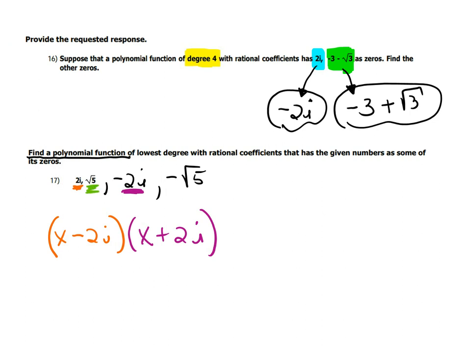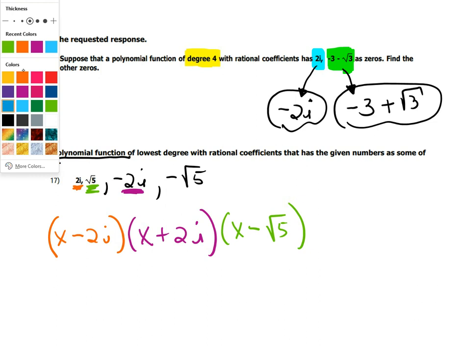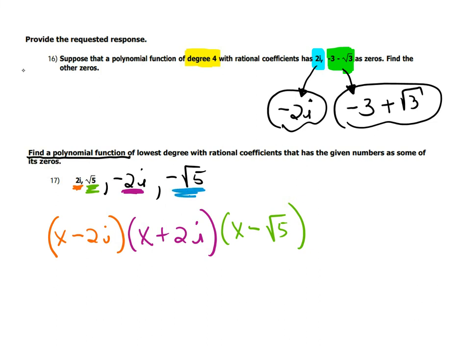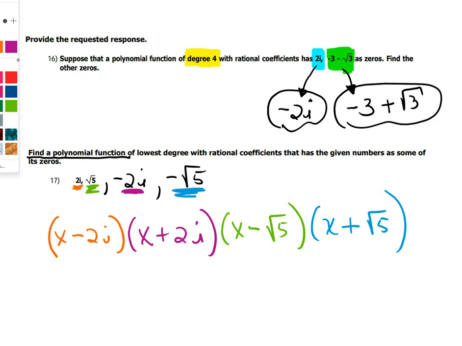If x equals the square root of 5, then x minus the square root of 5 is one of my factors. And if x equals a negative square root of 5, then x plus the square root of 5 is one of my factors. And I put them in that order together because I'm going to FOIL them. When I FOIL this, these are conjugates.